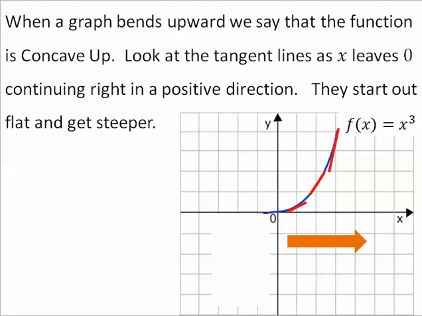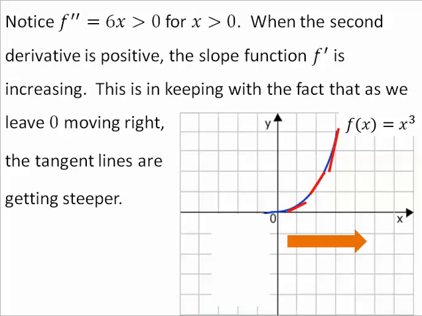When a graph bends upward, we say that a function is concave up. Look at the tangent lines as x leaves 0, continuing right in a positive direction. Now these tangent lines start out flat and get steeper. Notice that the second derivative is positive. So when the second derivative is positive, we're talking about the derivative of the slope function.